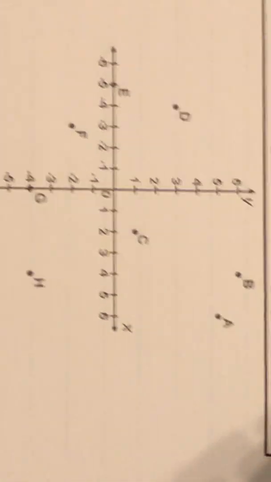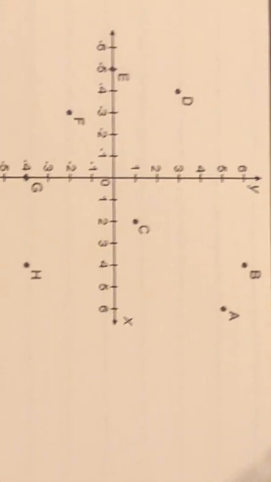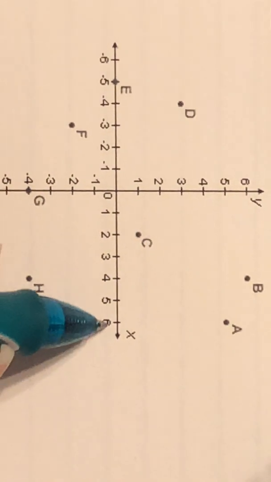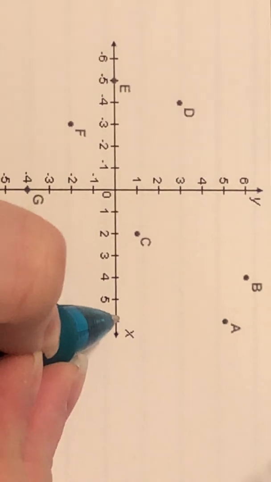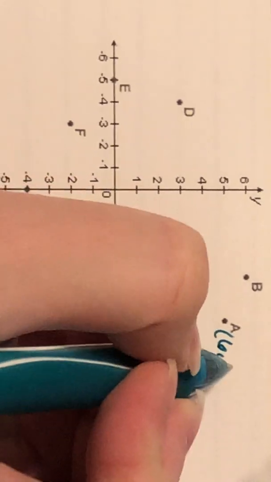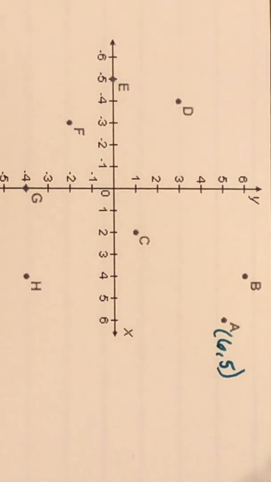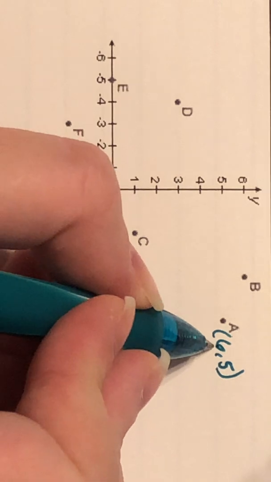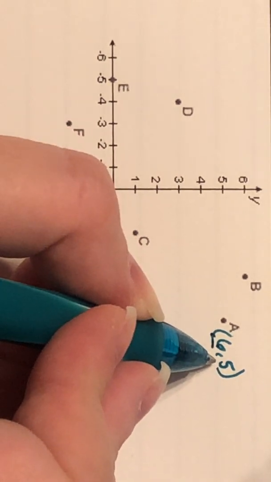So, here's my graph. I'm looking for letter A. Letter A is right here. So, letter A's coordinate point is (6, 5). Okay, and I'm graphing across the x-axis, which means my x stays the same and my y changes.